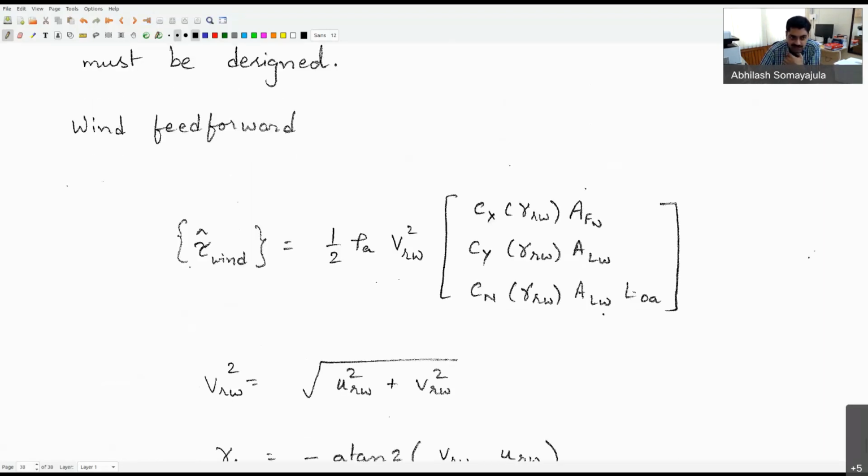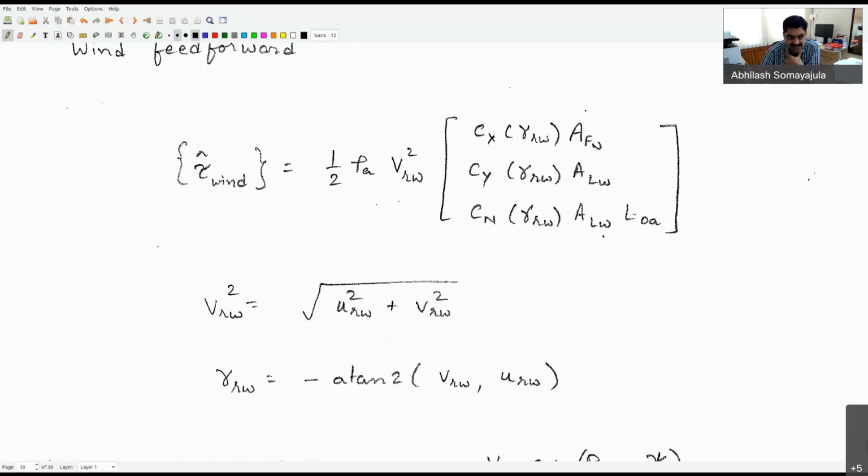We have seen what this estimated wind feed forward thrust looks like, and I'm just summarizing everything here. We have already taken a look at this dynamics before, which will be given by half times rho A times VRW, where VRW is the relative wind velocity.